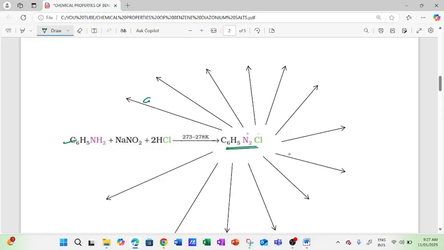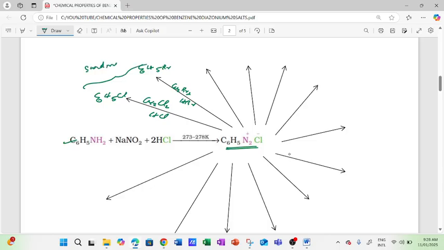We need to add Cu2Cl2, cuprous chloride, and HCl. If you add this reagent, you get C6H5Cl, that is chlorobenzene. When you add Cu2Br2, cuprous bromide, and HBr, we get C6H5Br, that is bromobenzene. These two reactions are called Sandmeyer's reaction.